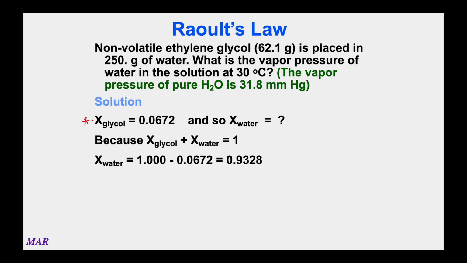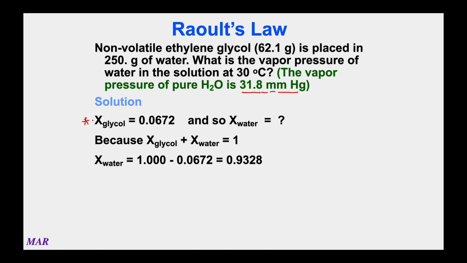So we have here a solution, ethylene glycol plus water, and we're going to need the vapor pressure of the pure water. This number right here, 31.8 millimeters of mercury, is the vapor pressure of pure water at 30 degrees Celsius.